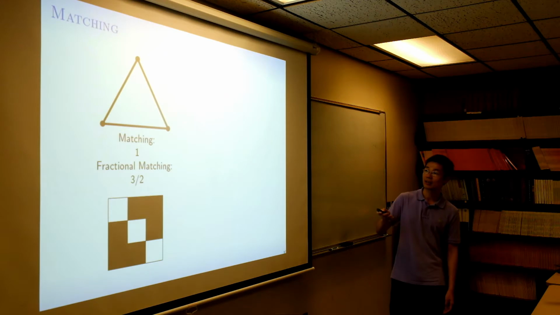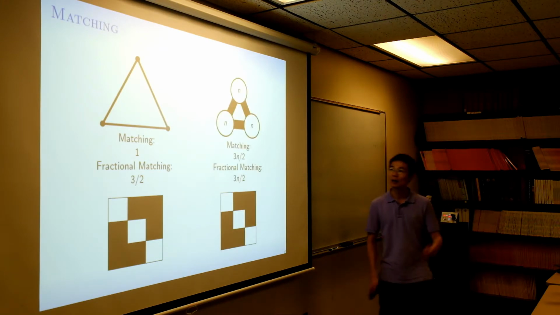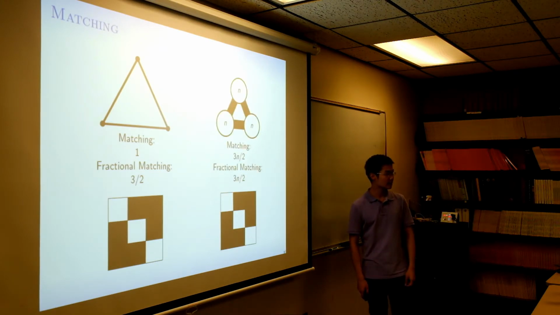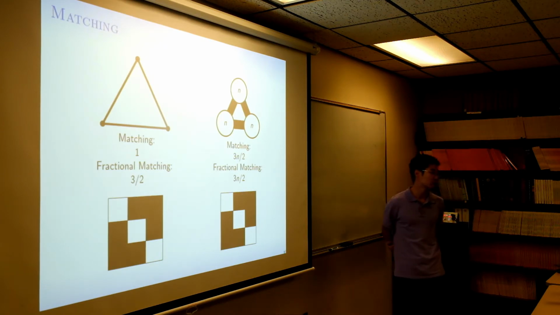You just think of 3 vertices, and you have edges like this. What about if I blow it up? I blow every vertex up into n vertices, and then what's the matching number? This time it is 3n over 2, because you can have n/2 edges here, n/2 edges here, and n/2 edges here, and they won't touch each other.